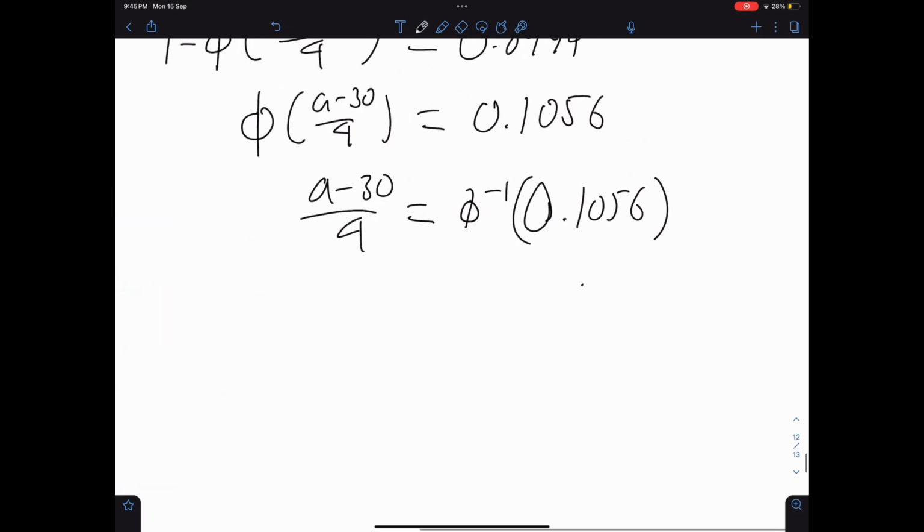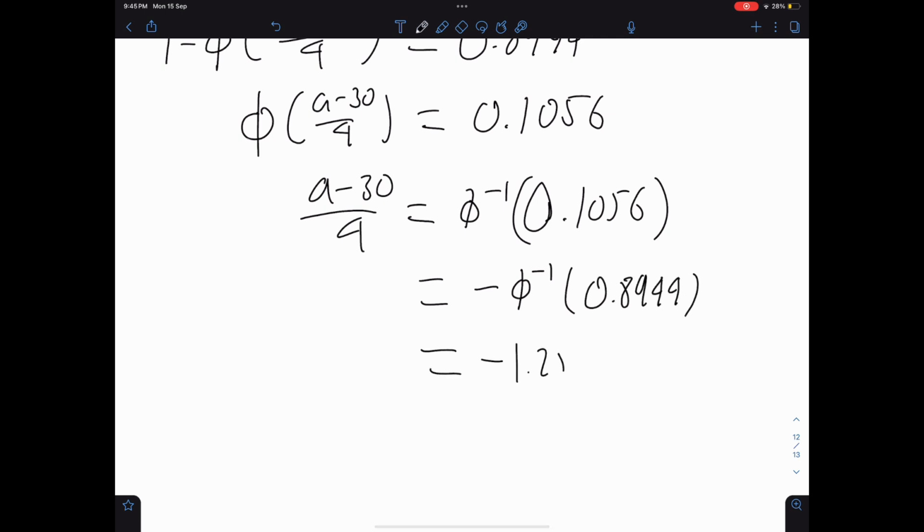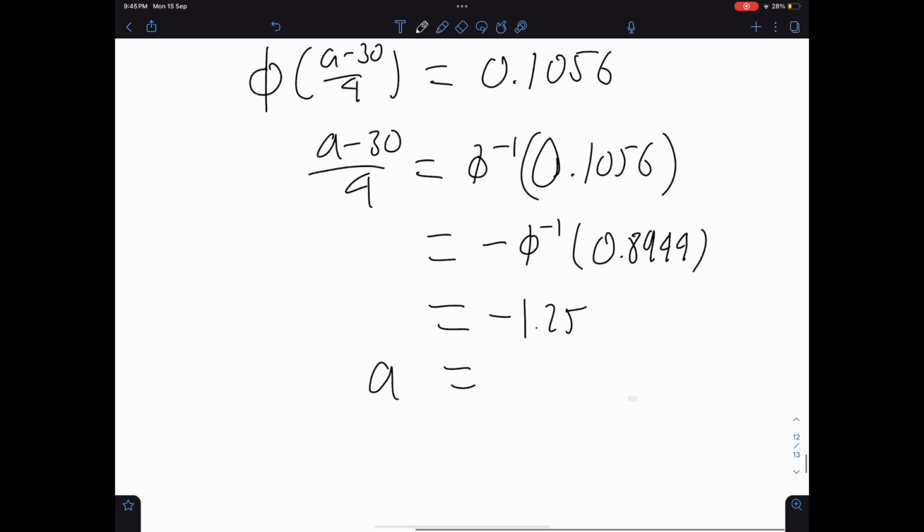If the thing in the phi inverse bracket is less than 0.5, what you do is you say it's equal to negative phi inverse of 1 minus that, so 0.8944 again. That will give us negative 1.25. A equals 30 minus 8, so 22.